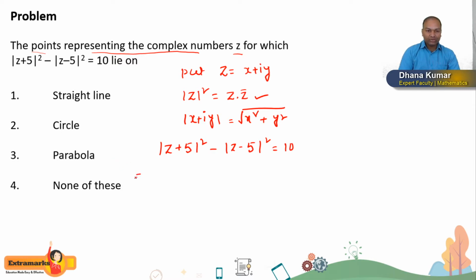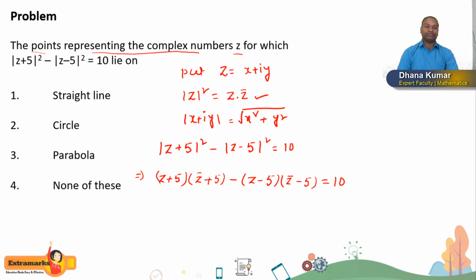So this can be written as z plus 5 into z bar plus 5, since 5 bar means 5 because it is a real number. Minus, the same formula applies here also: z minus 5 into z bar minus 5, is equal to what? 10.